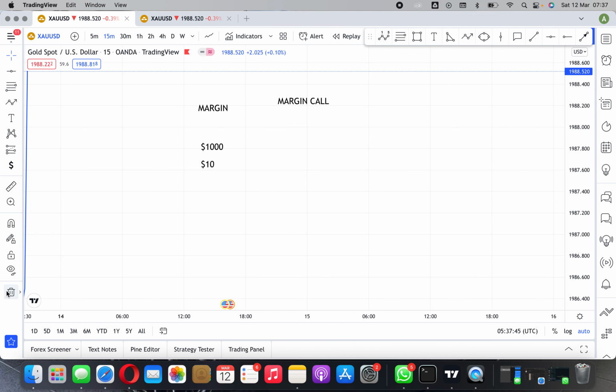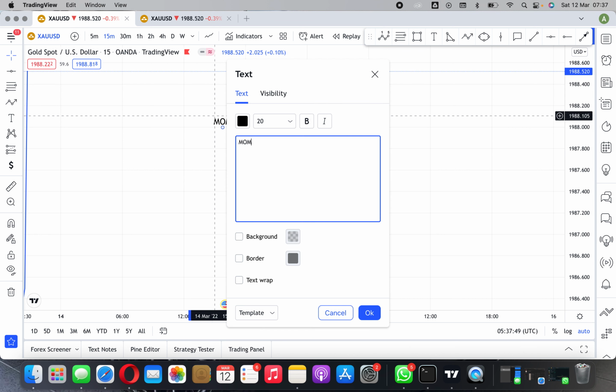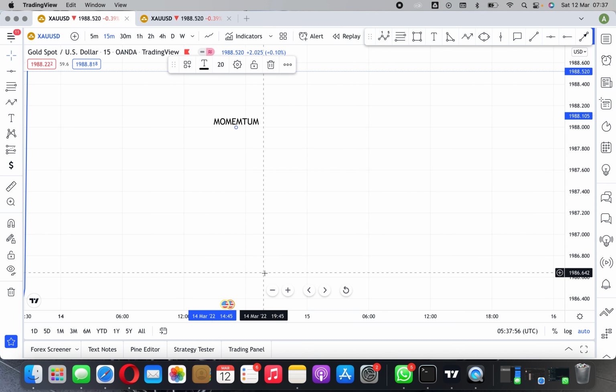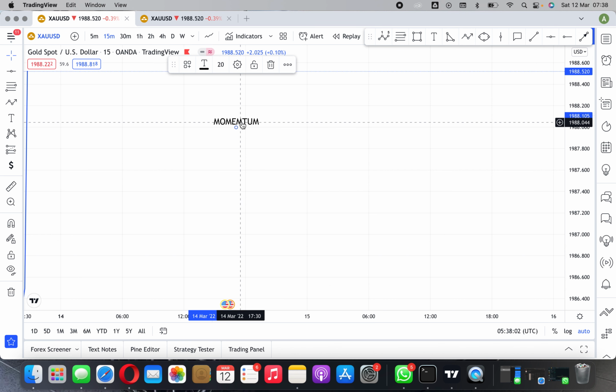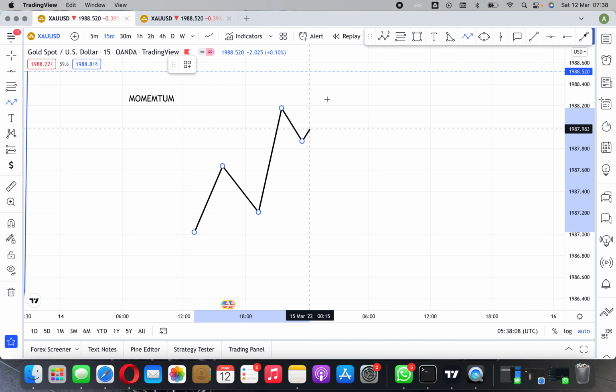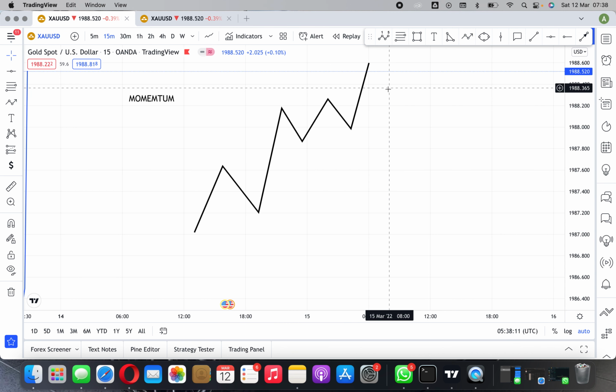Let's go to momentum. What is momentum in the market? Momentum is actually an indicator in the market that helps to let us know where the market is going. Let's say the market is going in an uptrend.